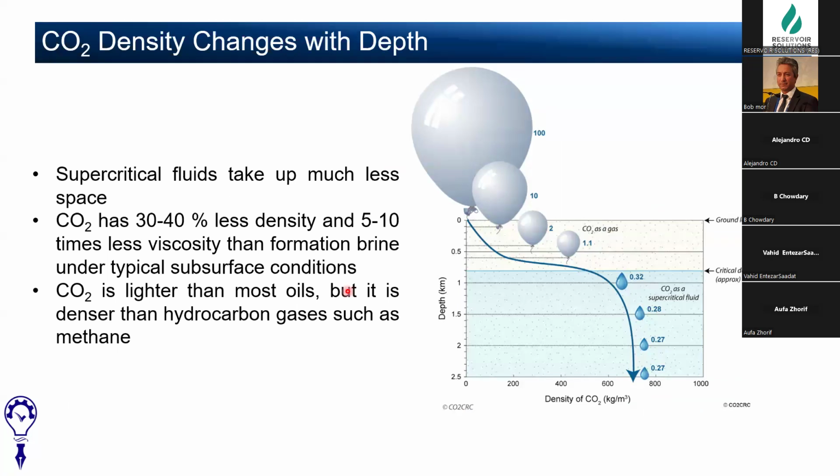As you can see from this figure, if we consider here as ground level or sea level, and we go to 800 meters, which is the minimum ideal depth for storing CO2, we can see that the CO2 density is increasing, but its volume is decreasing.